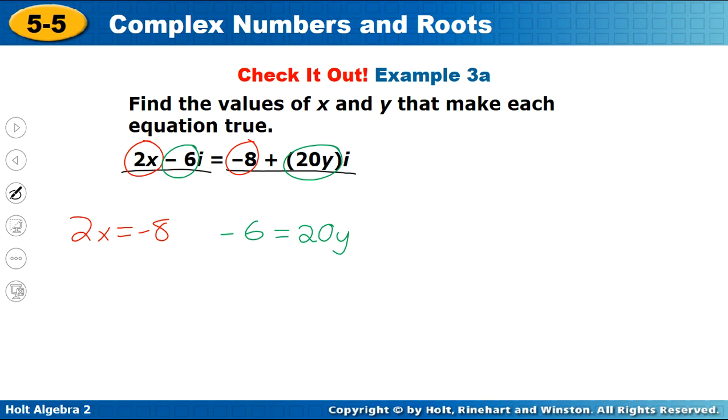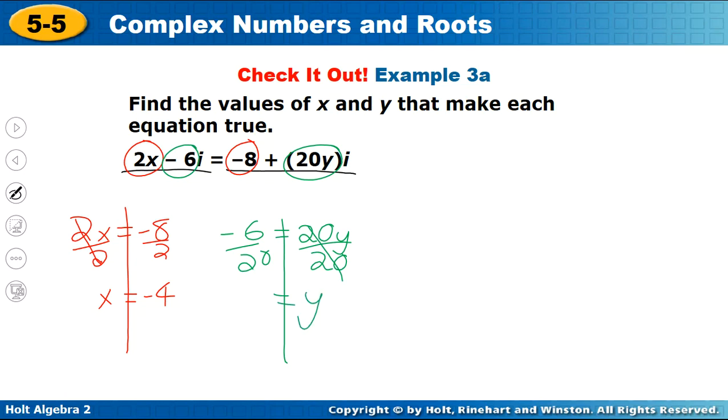And we solve these for x and y. If I solve this for x, I can divide by 2, and x would equal negative 4. For the y's, if I divide by 20, which is a kind of weird fraction, but it'll work, I think I can reduce these by 2, which would make it negative 3 over 10. And so I've solved for x and y.